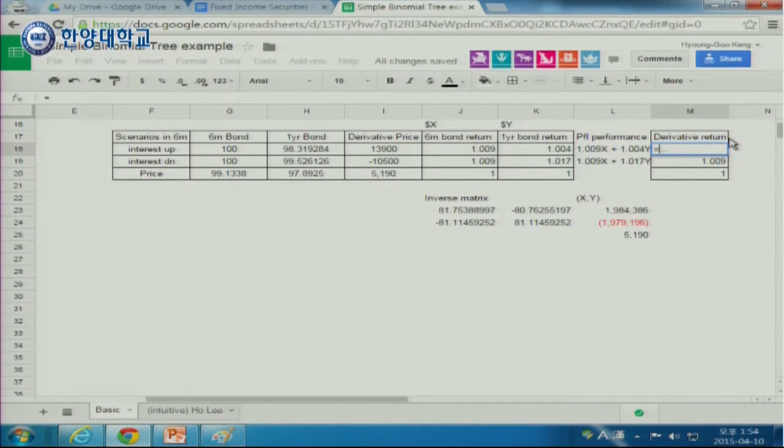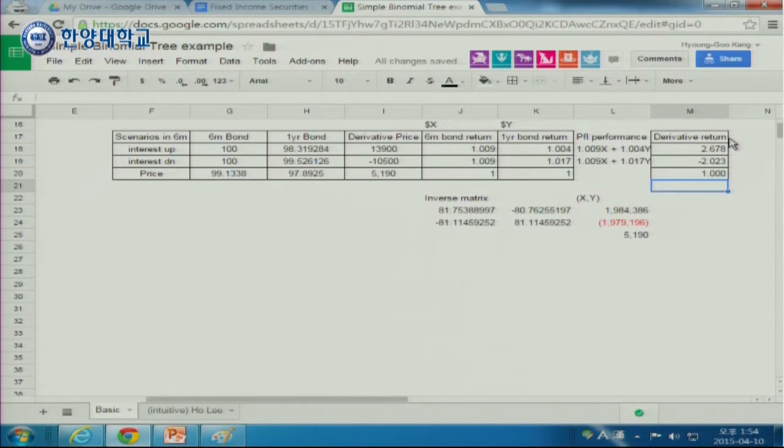Derivative return is now more volatile, right? It is a plus in the up scenario and minus 2 in the down scenario, more volatile. There is a lot of interesting things going on, so this is a very important part. Any question until now? No question, right?